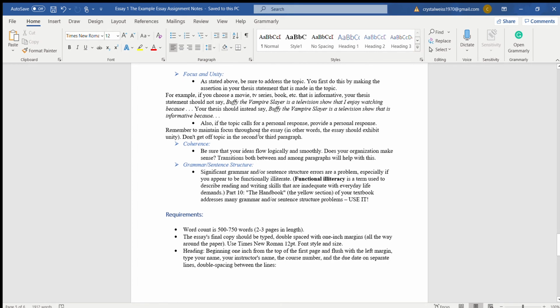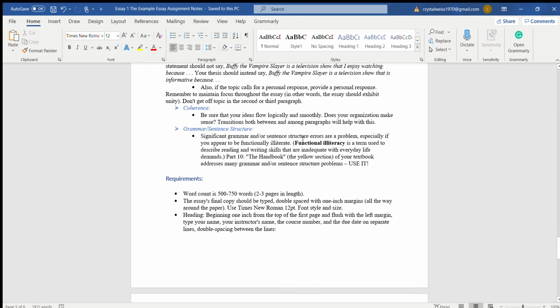Also, if the topic calls for a personal response, provide a personal response. Remember to maintain focus throughout the essay. In other words, the essay should exhibit unity. Don't get off topic in the second or third paragraph. If you are trying to prove that cats are better than dogs, don't say because I like cats better than dogs.